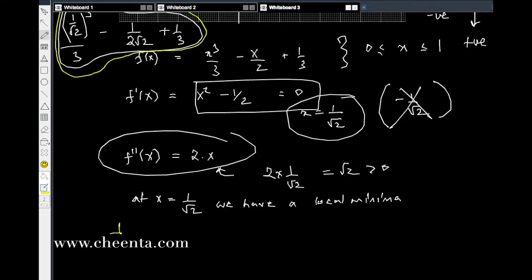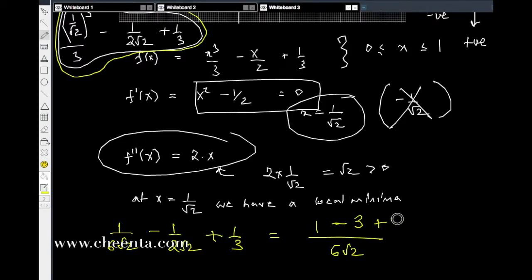This will be 1 by 6 square root of 2 minus 1 by 2 square root of 2 plus 1/3. So 6 square root of 2 is the LCM. So we have 1 minus 3 plus 2 square root of 2.